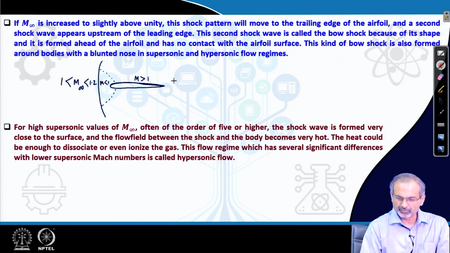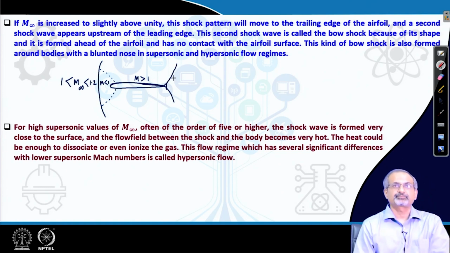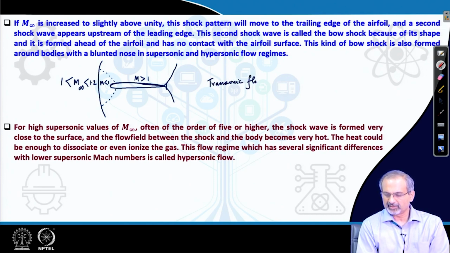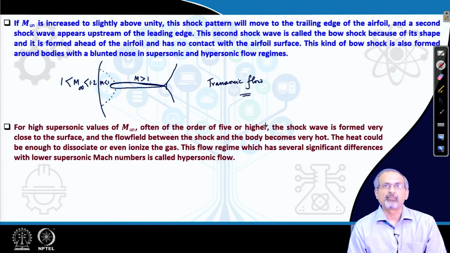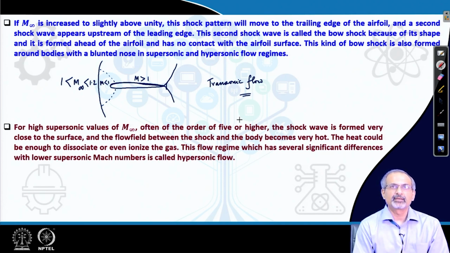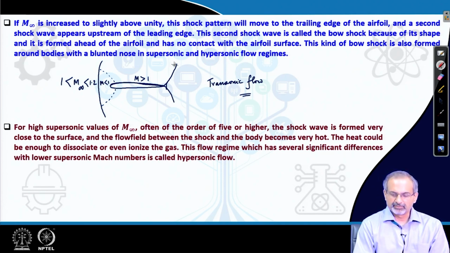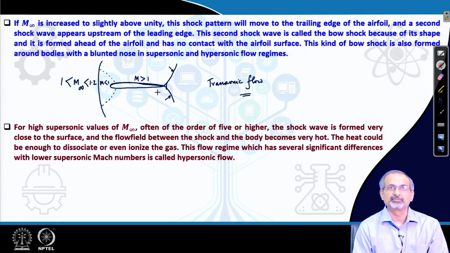There is a supersonic flow moving past the airfoil, and what happens at the trailing edge? You have a very interesting flow structure, which looks more like this. So, this is the typical nature of transonic flow at a slightly higher end of the Mach number range. So, you have a bow shock ahead, and then you have a shock structure at the trailing edge. Mind it that these shocks earlier were on the airfoil surface, which have now moved further downstream, and they are there at the trailing edge region.